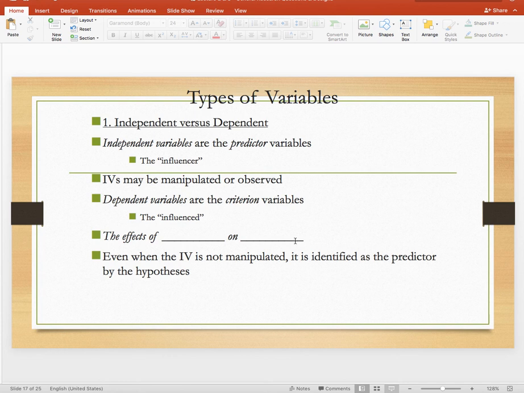Even the way that you all presented your research ideas to me in terms of our mini assignment number 1, you all gave me the idea of which one was going to be my independent variable and which one was going to be my dependent variable in that specific case. So one of the things that we always have to consider is making sure that we know which one is my IV, which one is going to be my dependent variable. Questions up to this point?